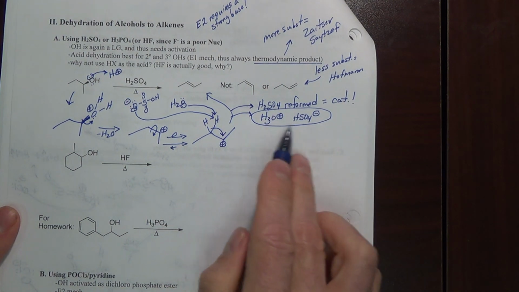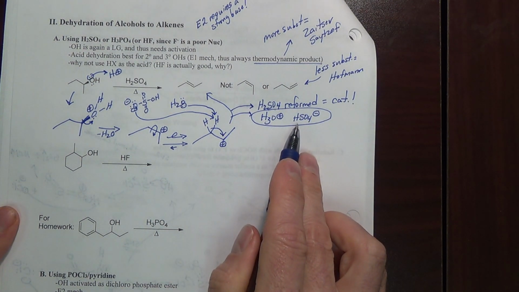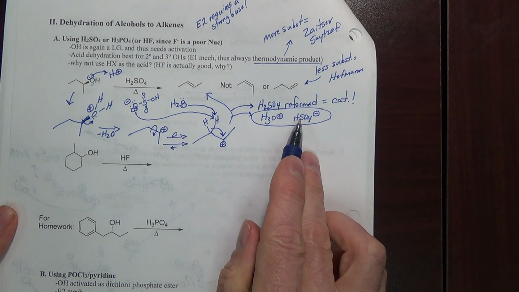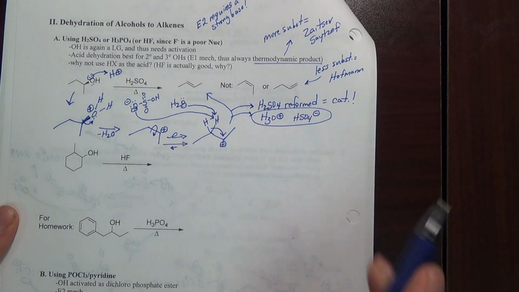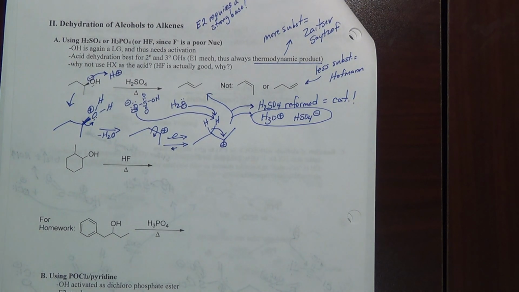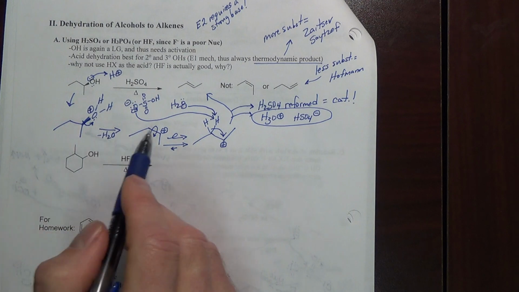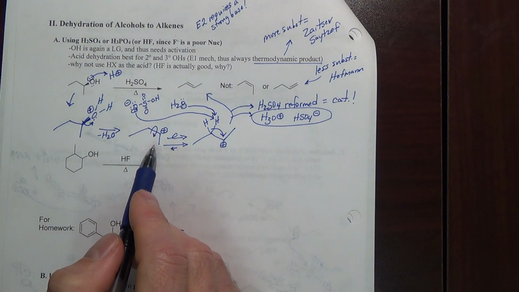But of course, that's how sulfuric acid exists anyway. And it's the same story for those who had me for Organic 1. I actually like to reform the actual acid molecule to clearly show that it's being reformed and that it's a catalyst. Whatever works for you. I really like to show both, so you will have seen both. Okay. E1, carbocation chemistry.